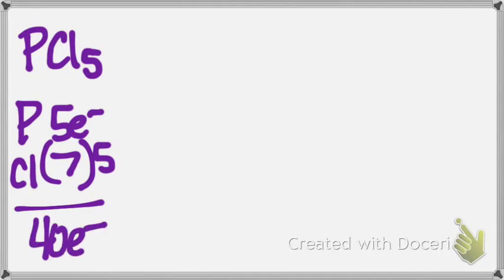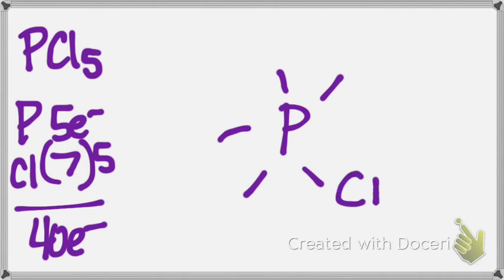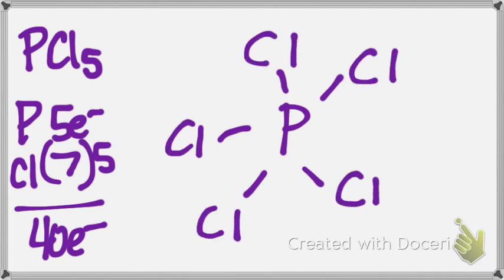Okay, so we're going to draw our skeletal structure. So the only thing we can do there is give 1, 2, 3, 4, 5. Chlorine, chlorine, chlorine, chlorine, chlorine. Now, chlorine needs its 8, so give the chlorine.